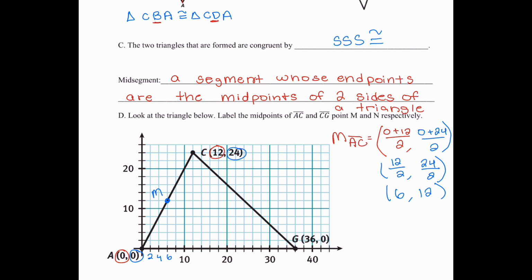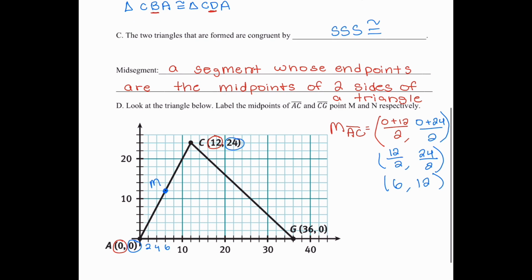All right, hopefully you tried to find the midpoint of CG on your own. To start us off, the x of C is 12, plus the x of G is 36, and divide by 2.